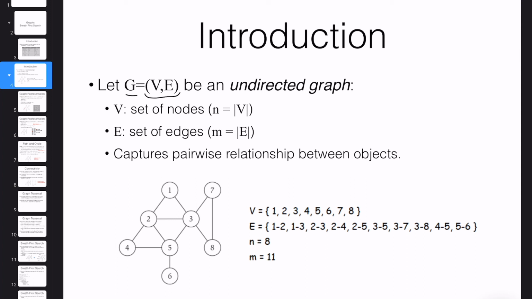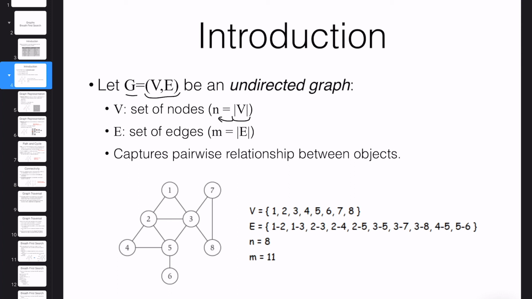The time complexity of the algorithms that we discuss over graphs always depends on the number of vertices, the number of nodes, and the number of edges. Since V is a set of nodes and E is a set of edges, the number of nodes is usually referred to as n, and the number of edges is referred to as m.